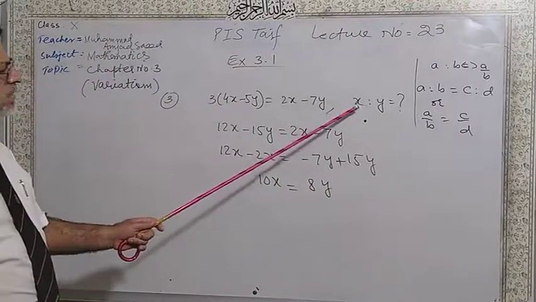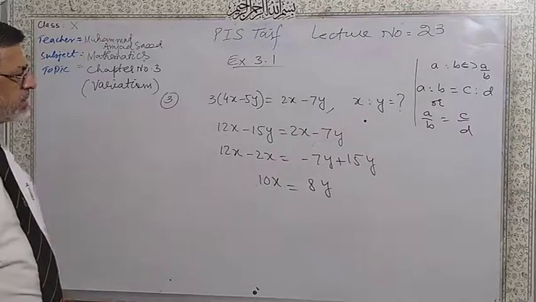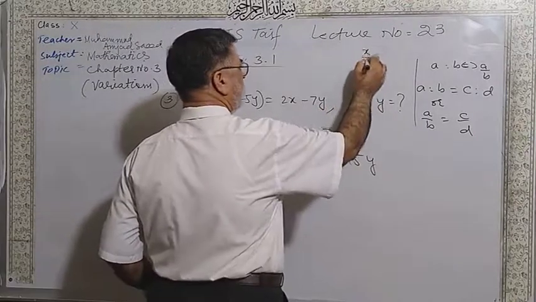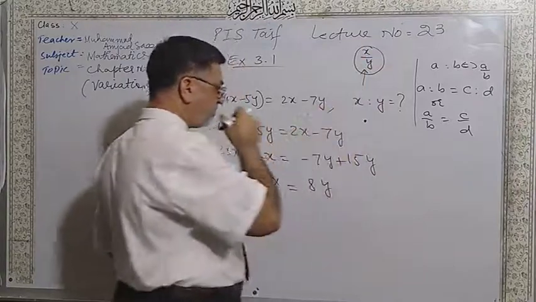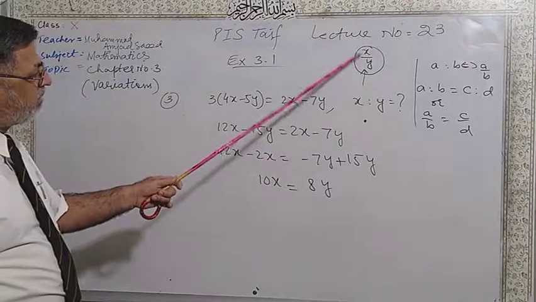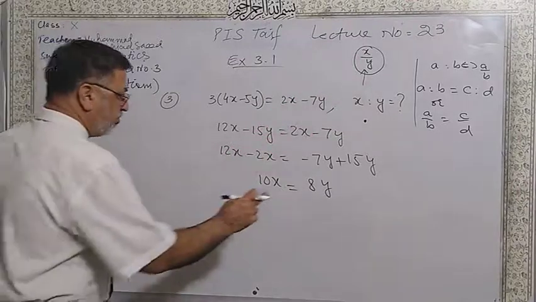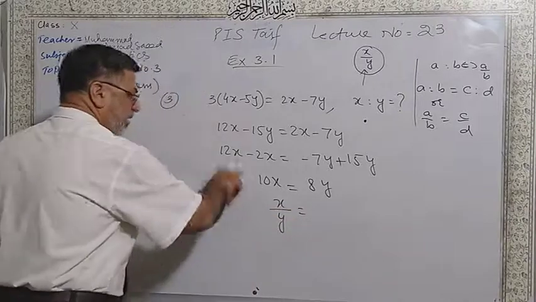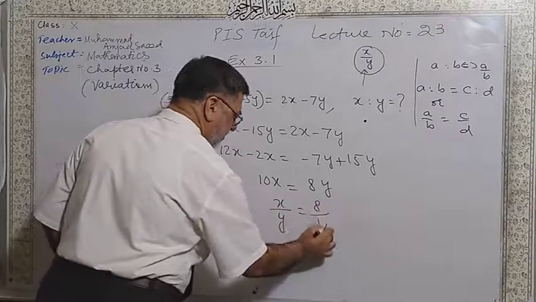But remember that this is x ratio y. You know x ratio y means x over y. It can be checked with the help of x over y. So bring y under x and 10 under 8.